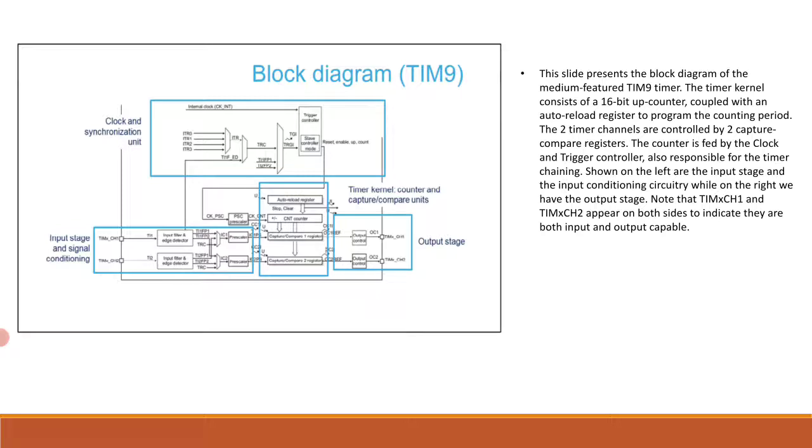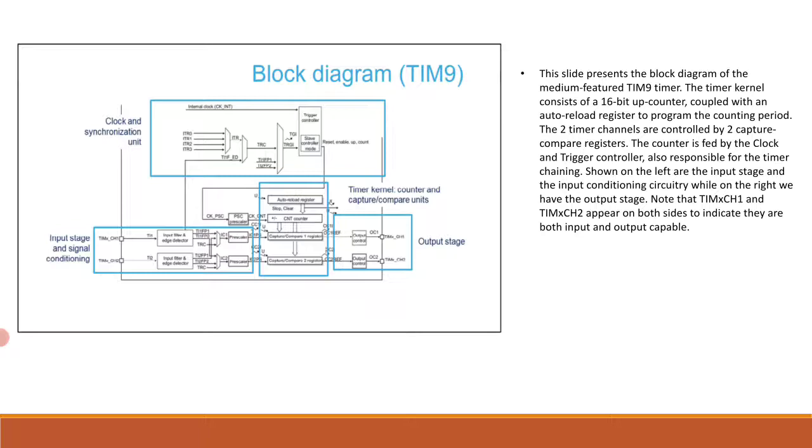Shown on the left are the input stage and the input conditioning circuitry, while on the right we have the output stage. We have to note that TIMx channel 1 (CH1) and TIMx CH2 appear on both sides to indicate they are both input and output capable. They are both IO capable. The timer features multiple clocking options.